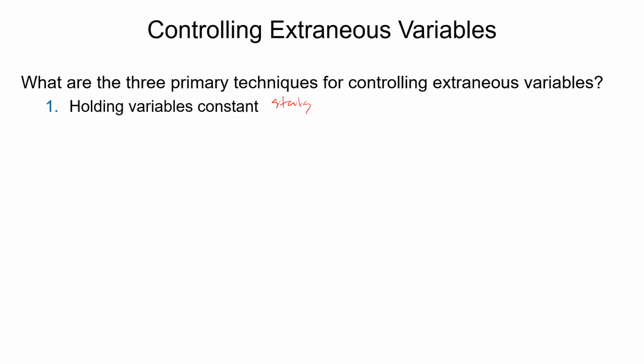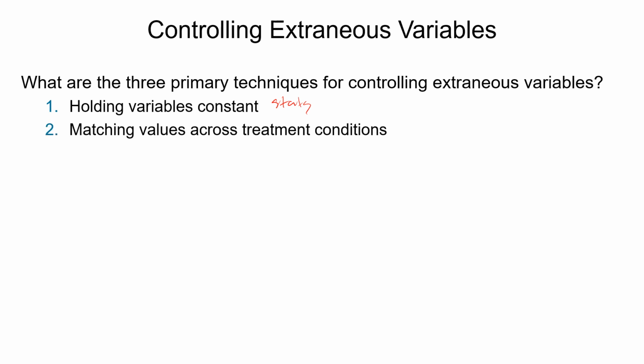The variance is going to stay the same regardless of whether gender is present or not. So it's a way to statistically control for it. The stats behind it is beyond the scope of this class, but the point is there is a way to statistically hold variables constant.